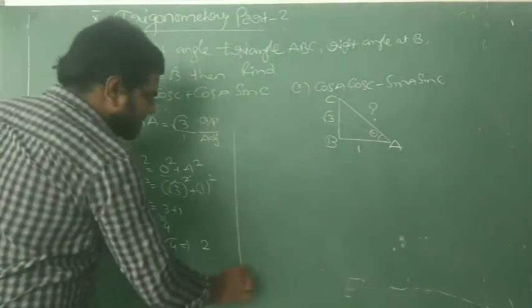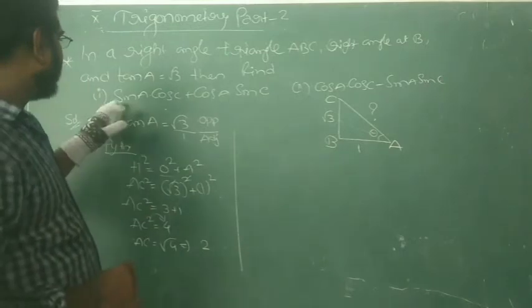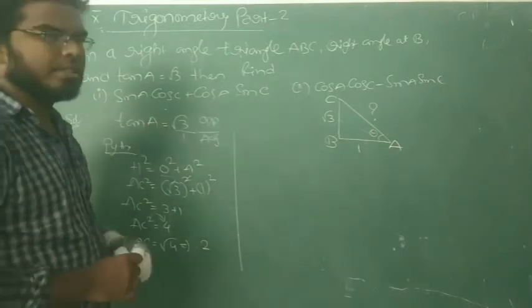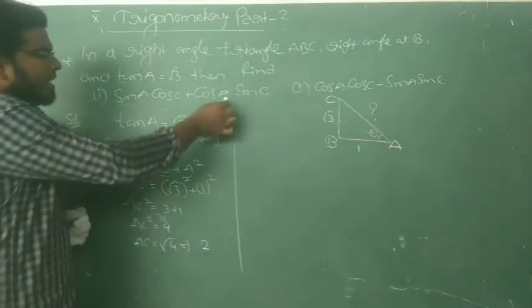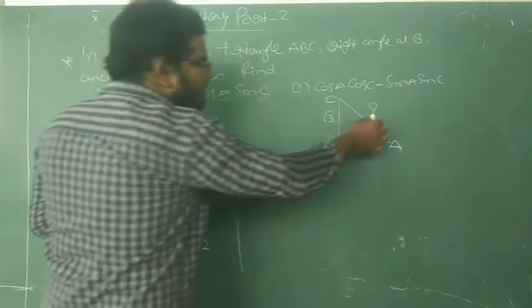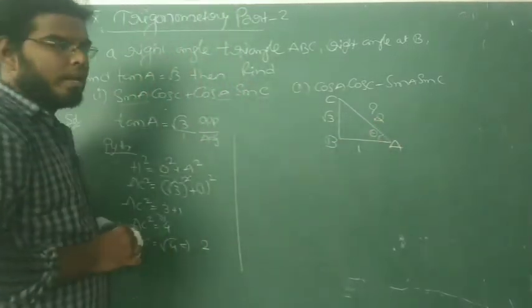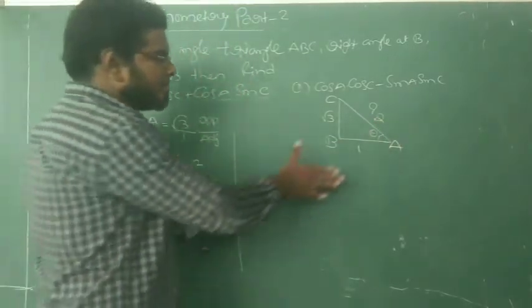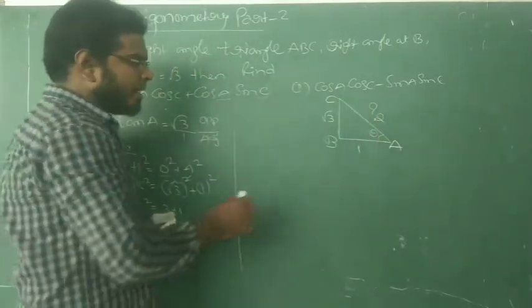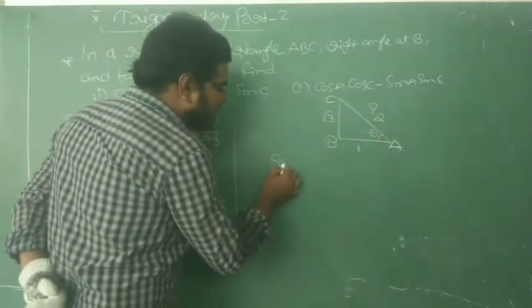Now write. Now we have to find sin A cos C plus cos A sin C. We can find directly sin A and cos A, but C is a problem. Okay? And we are finding this one also. Then what can we do here? Just change it by rotating this triangle. Now rotate. First I am writing here the sin A value.